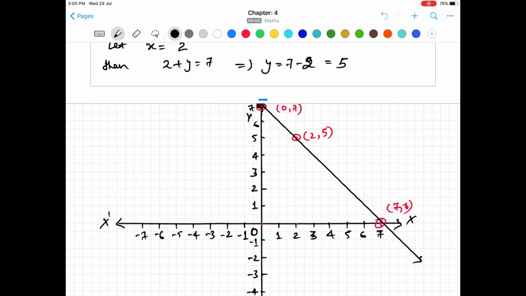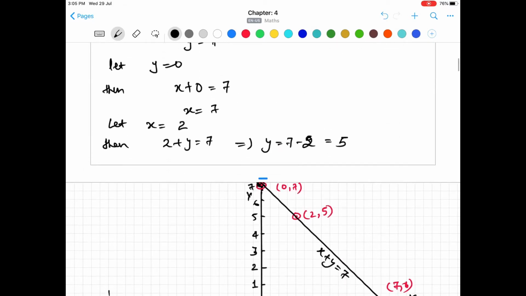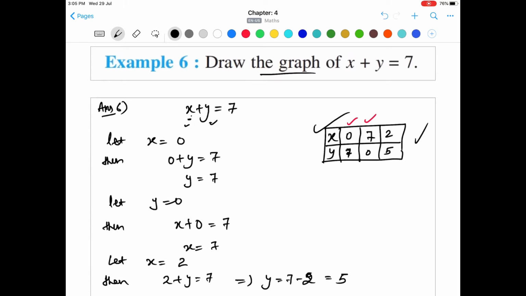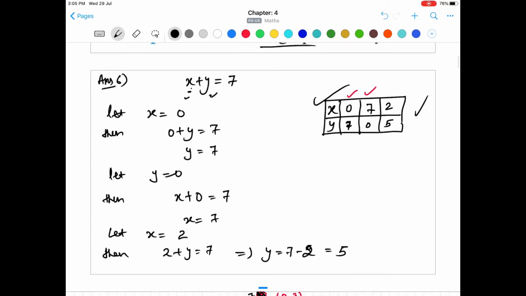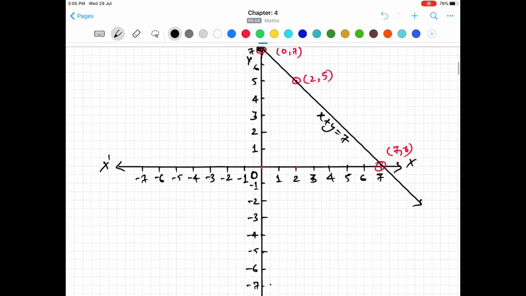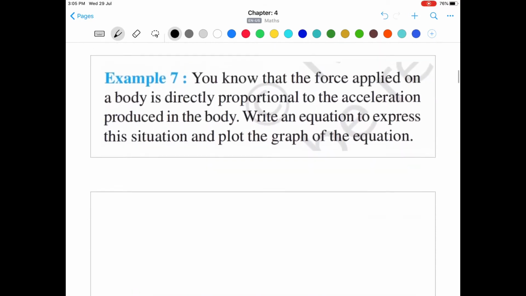On the graph you write the equation of the line, which is x plus y equals 7. So that's how we draw the graph of a given equation. We were given x plus y equals 7. We first found its values: for x, we put x equal to 0, we got the subsequent value of y, and so on. Then we represented those values on this graph paper. I hope you understood it. Now moving to the next question.